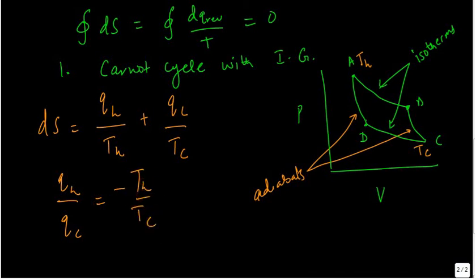Now, although we derive this for an ideal gas in these handouts, this is in general true for any reversible cycle. Okay, so this is not just any reversible cycle, not just ideal gas. This is true.